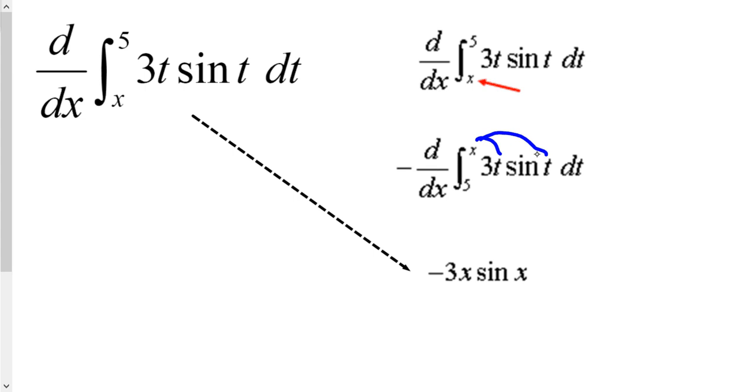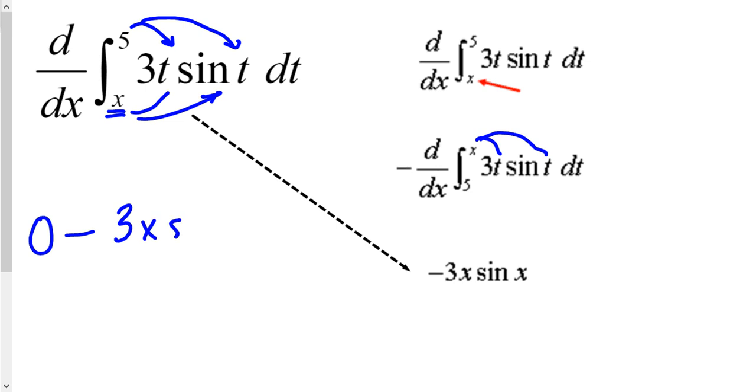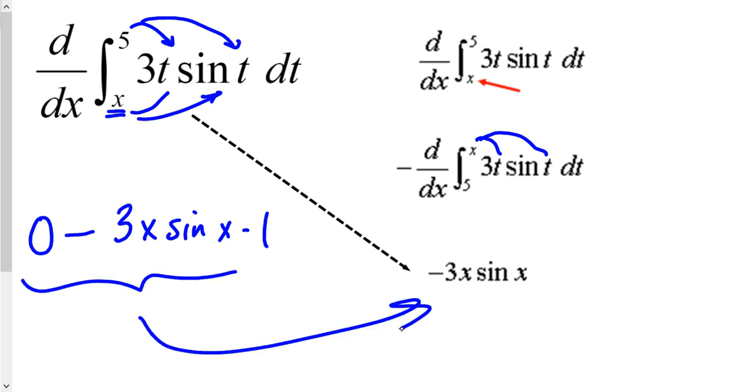You also could choose to not use that property and say, all right, when I substitute in this 5, then I'd have to multiply by the derivative of 5, which is 0. And then I would subtract, plugging in my x, and the derivative of x with respect to x is 1.